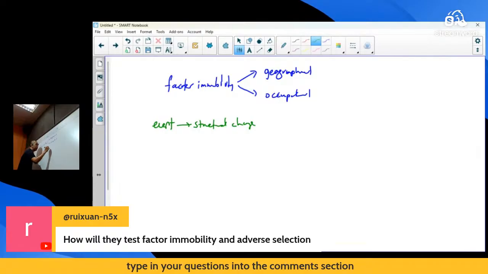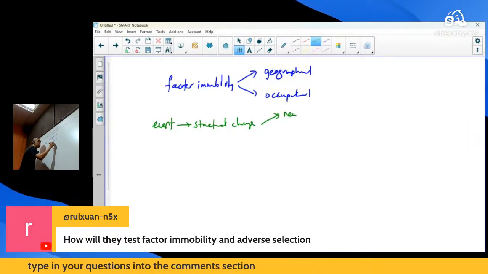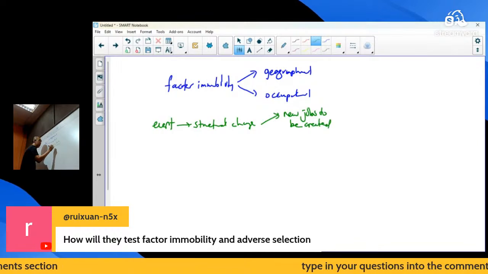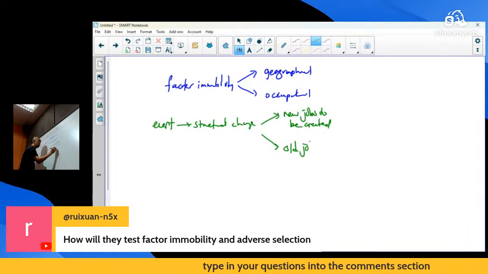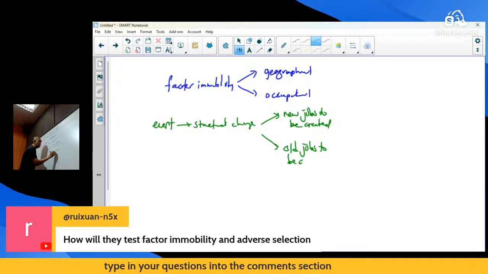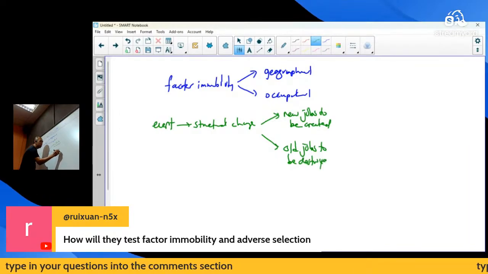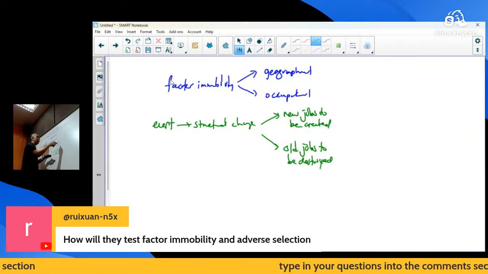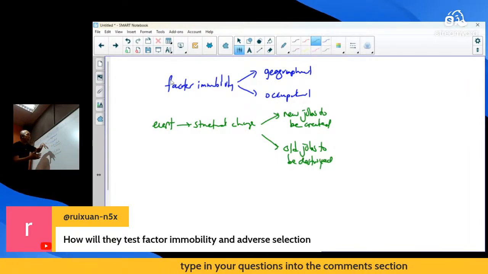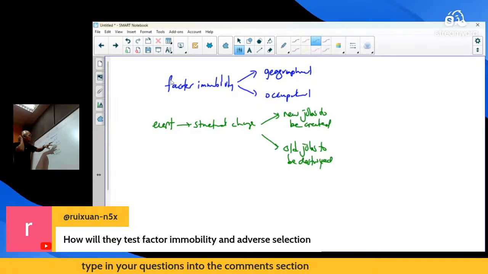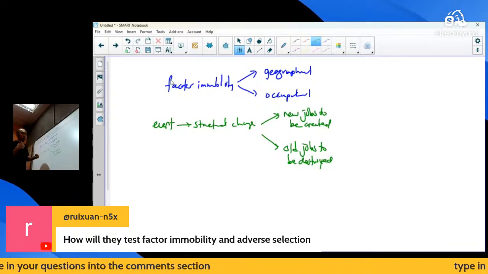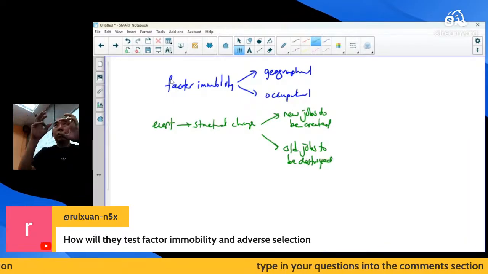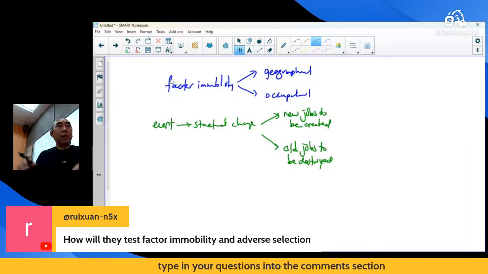Structural change then will cause new jobs to be created and old jobs to be destroyed. So workers in some industry who lost their jobs simply need to move to the new industries to take on the job. But if they are, for whatever reason, unable to move to the new industry due to occupational or geographical immobility, then this leads to productive inefficiency.